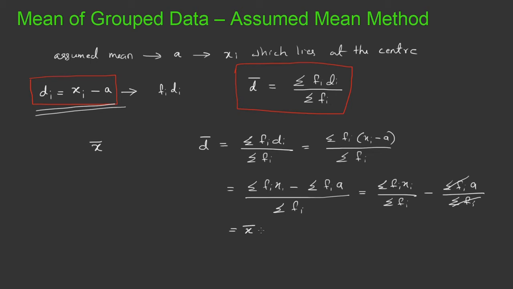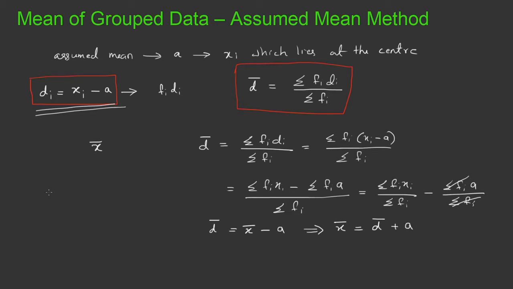So x bar minus A. So I got d bar, the mean of deviations, is equal to x bar minus A, or I can write the mean of observations x bar is equal to the mean of deviations d bar plus A.